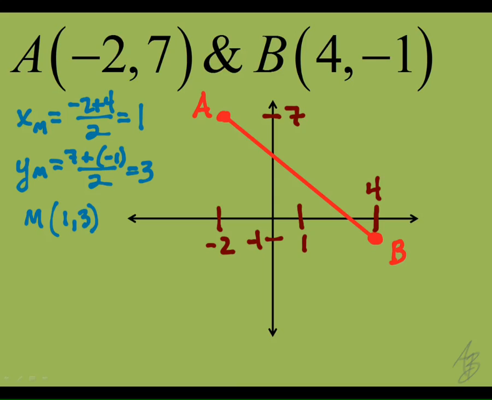So there's 1 on the x-axis. And then 3 on the y-axis is going to be just a little bit less than halfway from 0 to 7. More specifically, it's going to be 3/7 of the way, right? So at 1, 3, we're going to get the point right here. And does that look like that could be the midpoint? Yeah. Okay, so we've got the midpoint at 1, 3. I'll go ahead and put a box around that, showing that's a final answer there.